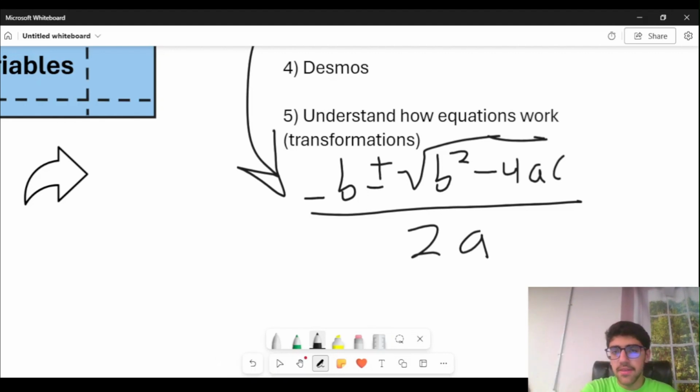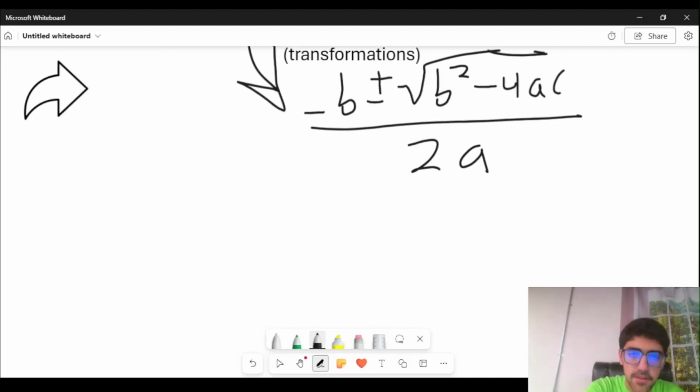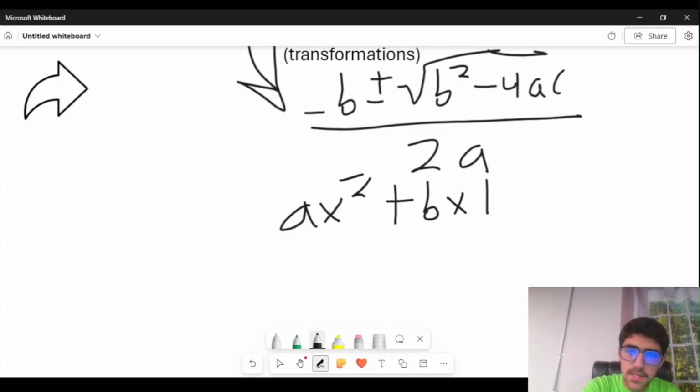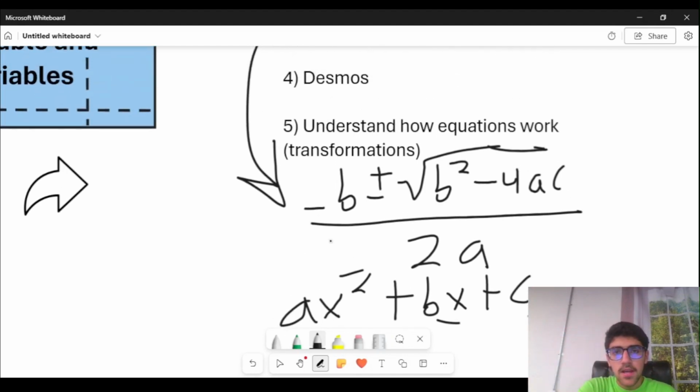You get a, b, and c from the equation in the form ax squared plus bx plus c, and then you plug into that formula, and that gives you the solutions.